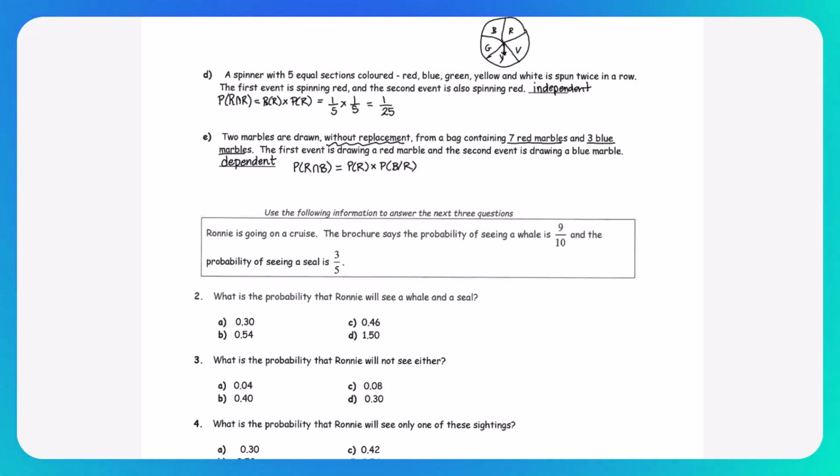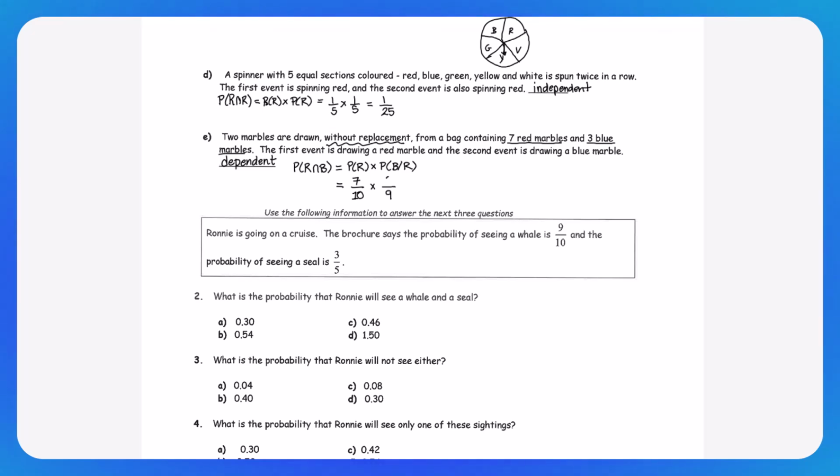So let's look at what we have here. Well, what about the red? There were 7 red marbles in total. So we have 7 out of the total number of marbles, which is 7 plus 3, which is 10. But now for the second one, we're taking that red marble and we're not putting it back. So our total marbles in the bag is now reduced to 9. The blue marbles, however, didn't change in number.